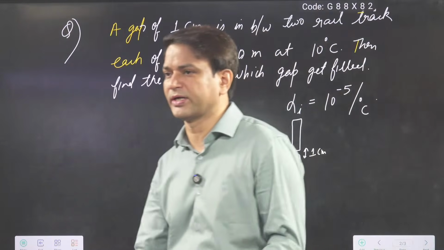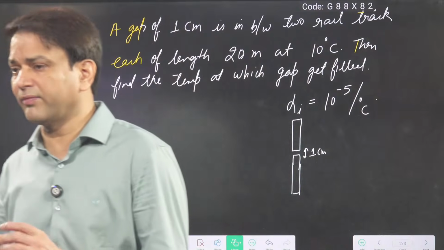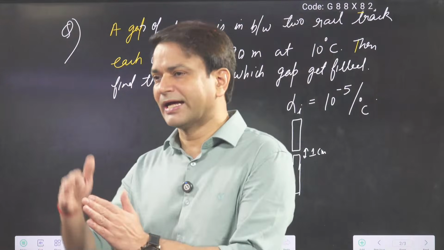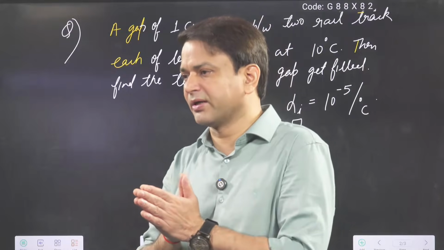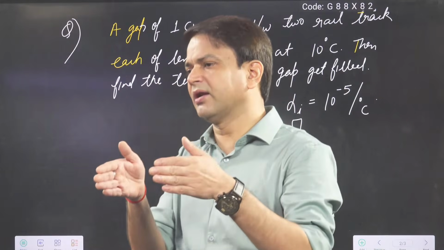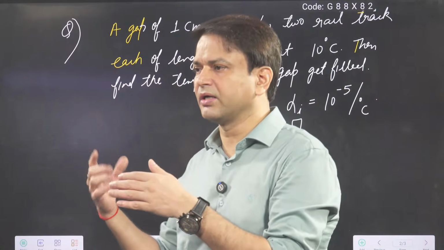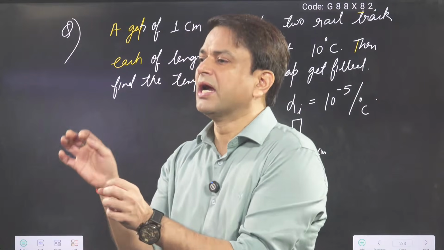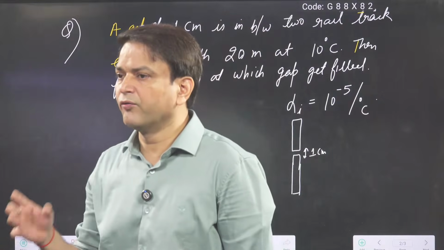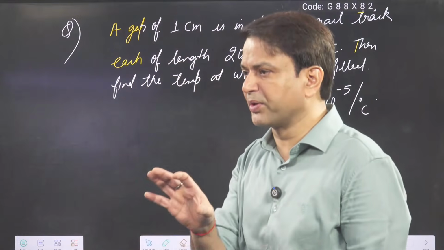You will convert centimeter into meter. So delta L is equal to L alpha delta theta. Alpha is already given, you will find delta theta. Delta theta will be theta final minus theta initial. Initial is 10, and from that we will get the final temperature.